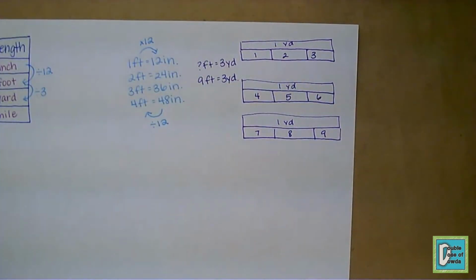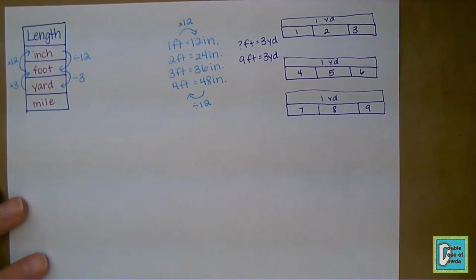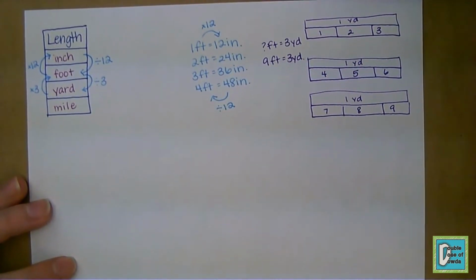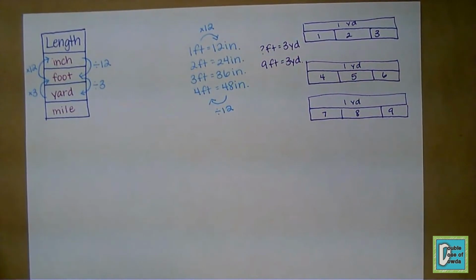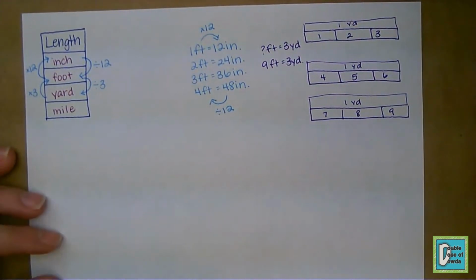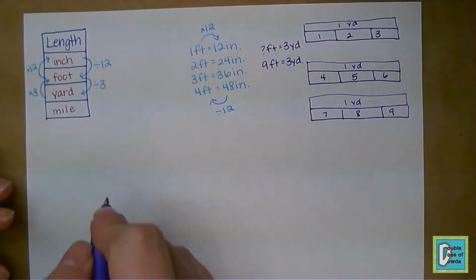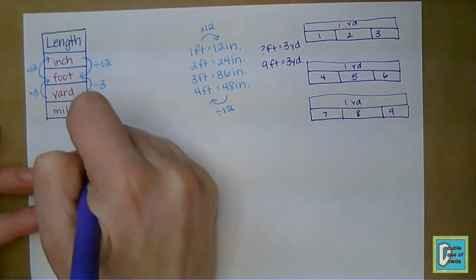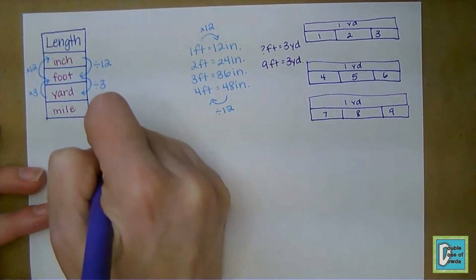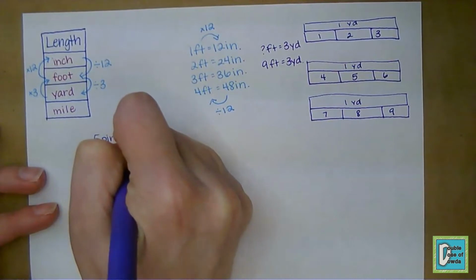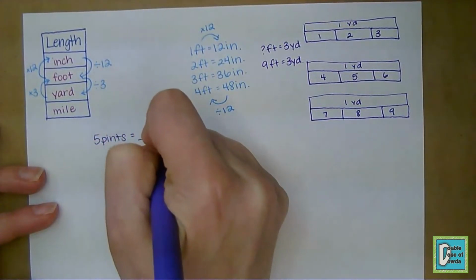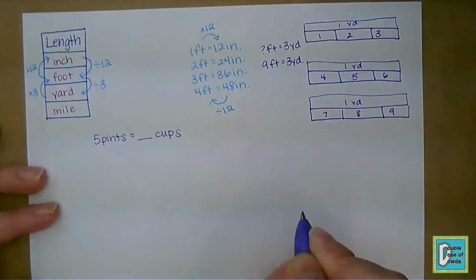All right, lastly, let's talk about how students can solve customary conversion problems abstractly. And we're going to do that by setting them up to create equivalent fractions. For instance, if we want to say 5 pints equals how many cups?